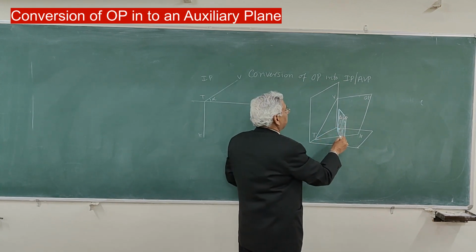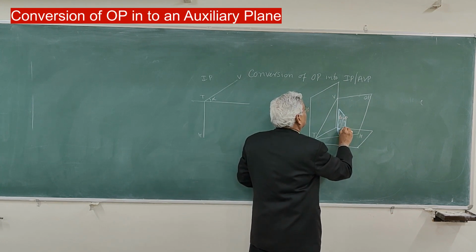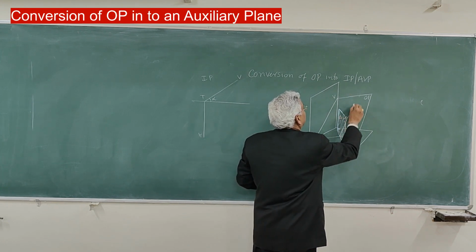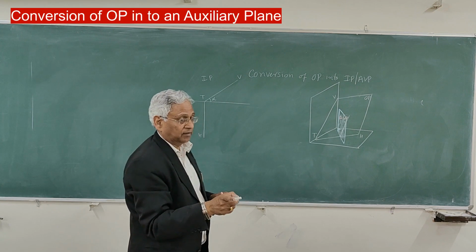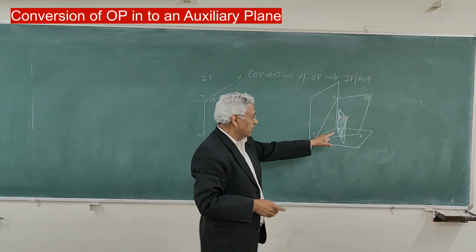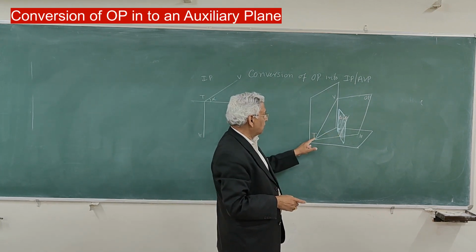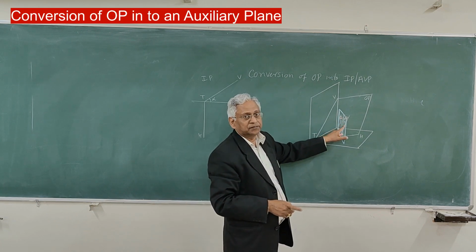So you have to just simply get this intersecting line, which will be a new vertical trace of this plane. Now this new vertical trace will be simply projection of this VT on this ABP.